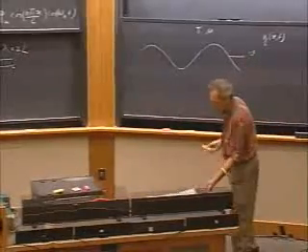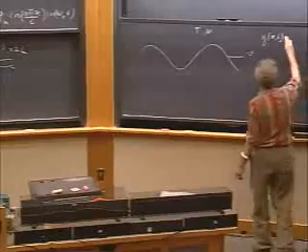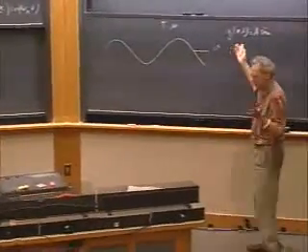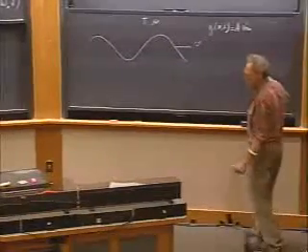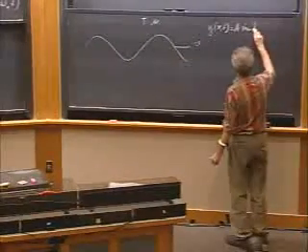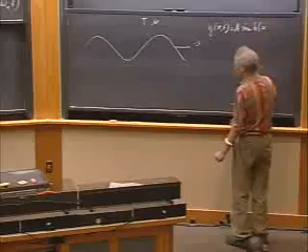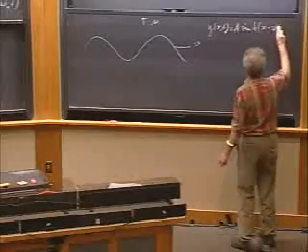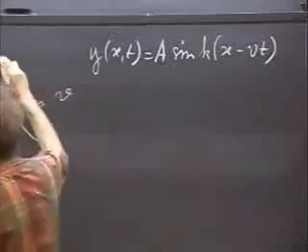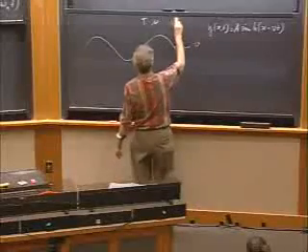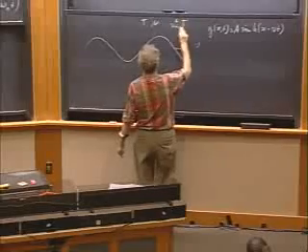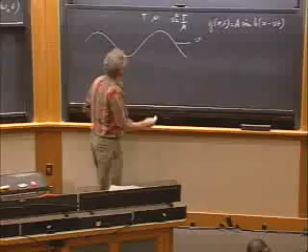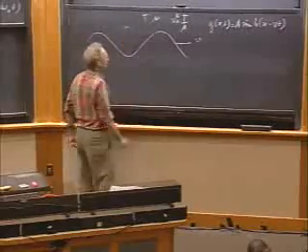I can give it a certain amplitude, A, times the sine, and I can write this now in many different ways, but let's write it down in this form, k times x minus vt. And we know this v, that v squared is T divided by mu. So this is a traveling wave that goes into the plus x direction.